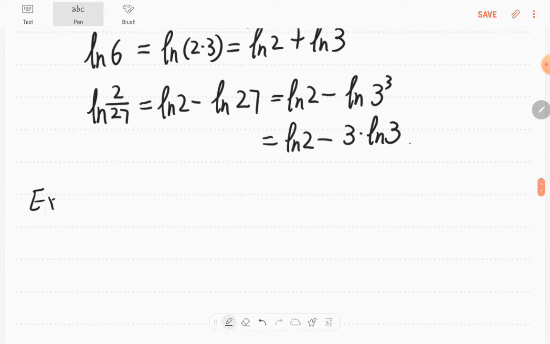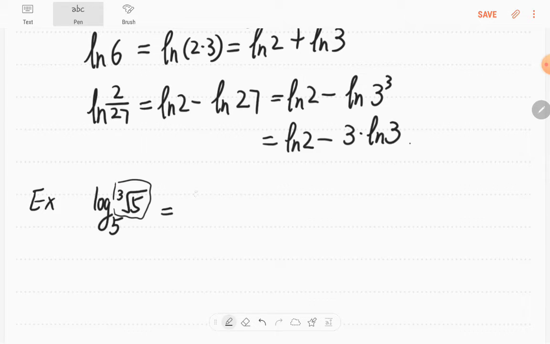Another example, we want to simplify this one. Log base 5 of the cube root of 5. Can we simplify this one? So the idea is, the first thing we need to do is write this part in power form.